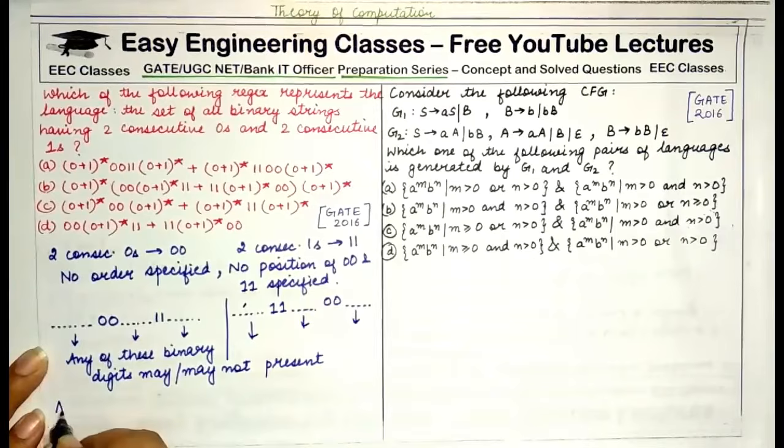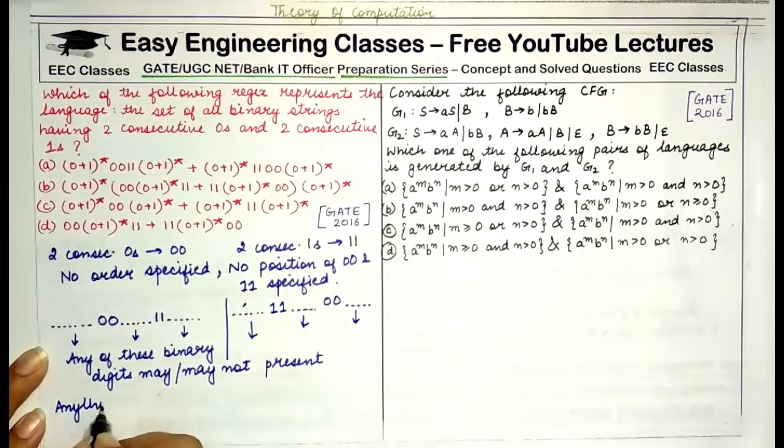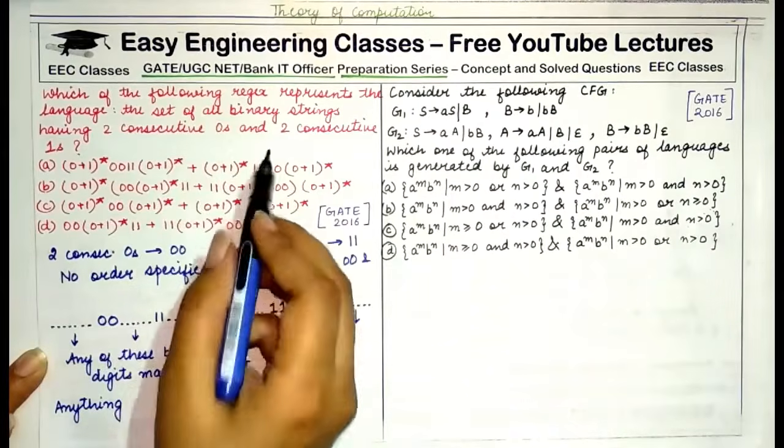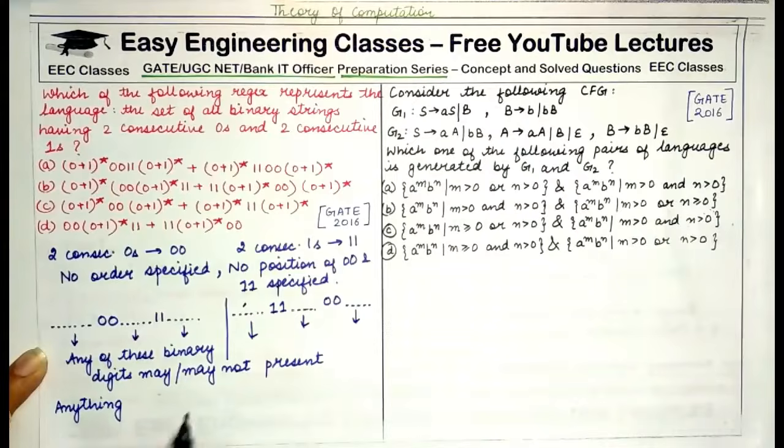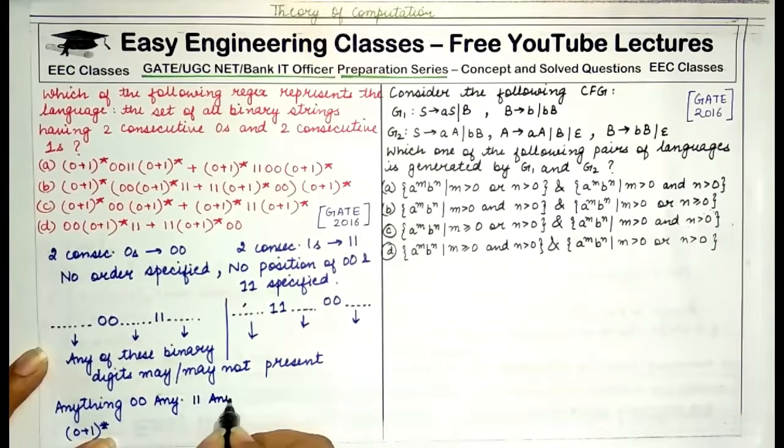So basically what kind of regular expression do we have to specify? Anything that can be formed from 0 and 1, like any kind of string. By anything I mean (0+1)*, that means any string that can be formed by 0 and 1, followed by 00, then anything, and I'm writing the short form, followed by 11 and then anything.